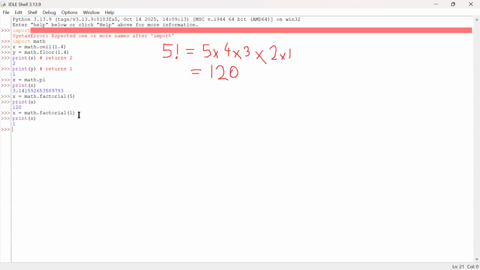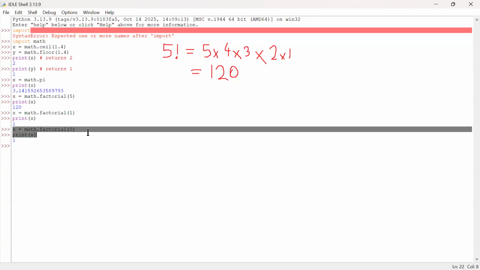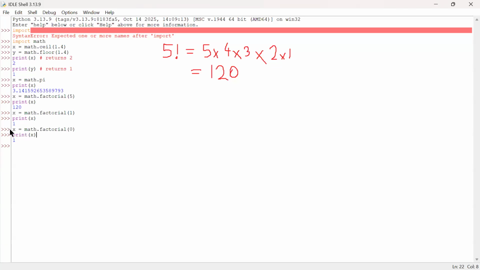So are you wondering why 1 factorial is not 0? Some of those factorials, they have constants, so you cannot even explain them. They are mathematically fixed. So you can see that even 0 factorial is 1. Did you see that? Yes, sir.